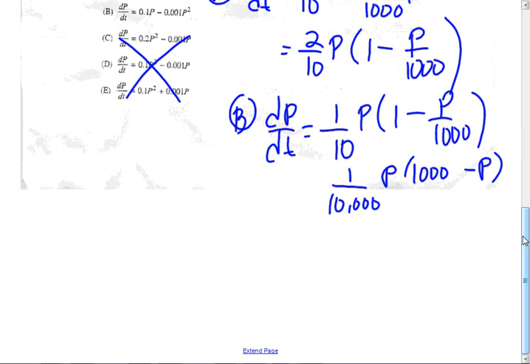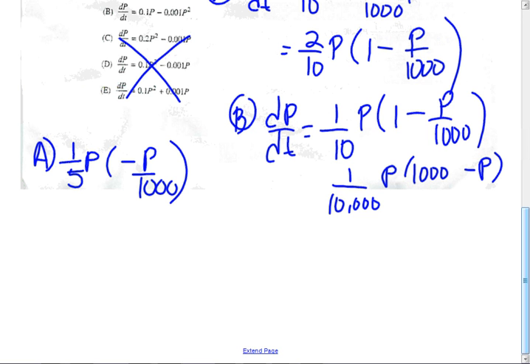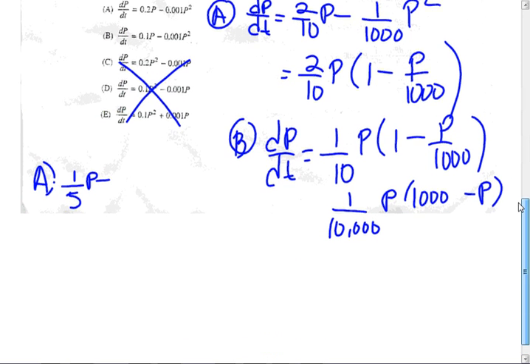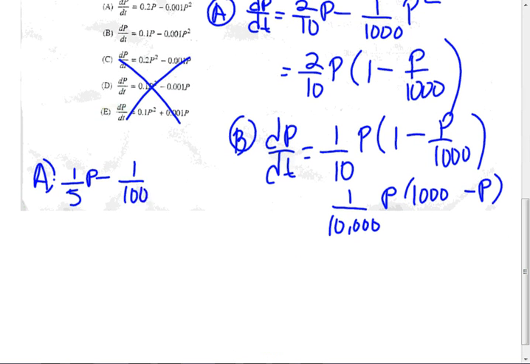Okay, guys. Oh, that's not right. Minus. You know what I did? I factored out a fifth and a P. Okay, you guys?